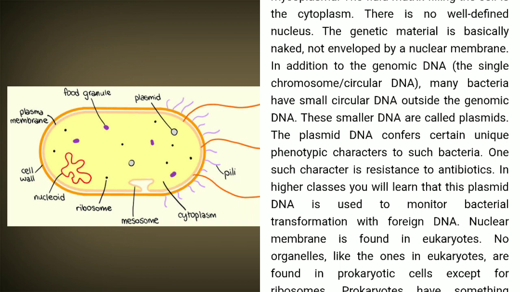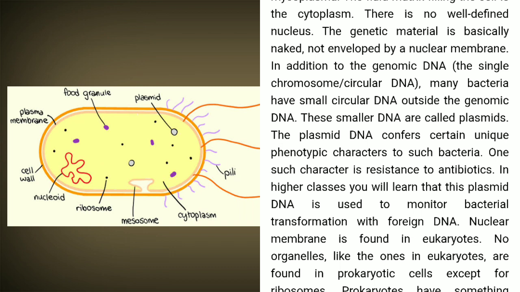So here the genetic material is naked, and it is confined to a particular region of the cytoplasm, suspended in the cytoplasm in a particular confined region. That particular region is called the nucleoid.